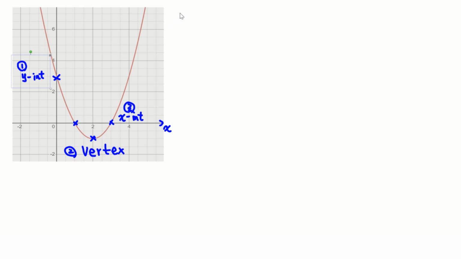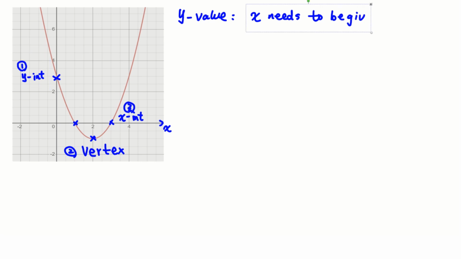In the question, if it asks you for the y value, it doesn't matter whether it's an initial value or any other point, the y coordinate, then we are going to do a substitution. Substitute the x that is given.